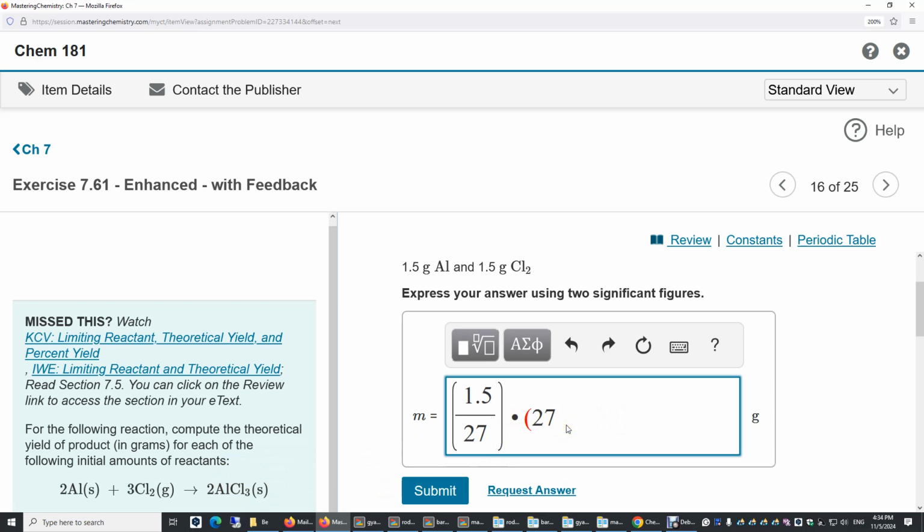Aluminum is 27, chlorine 35.5 times 3, because each chlorine is 35.5 gram per mole. So this is from the mass of aluminum.